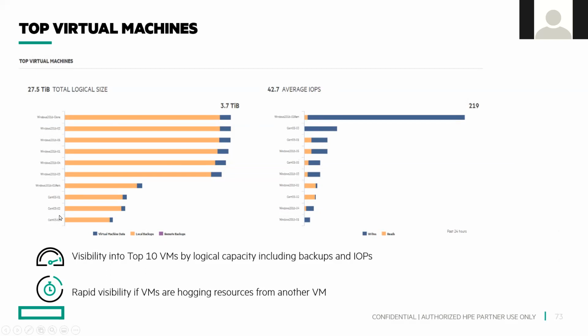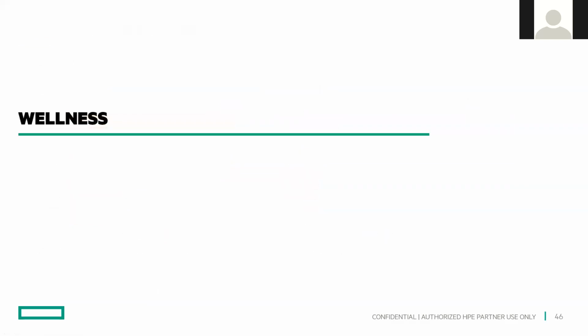Here it's just the 6th or 7th VM on capacity, but it's generating the most IOPS. So really quickly, I can see who is the user and who is the abuser of the environment.